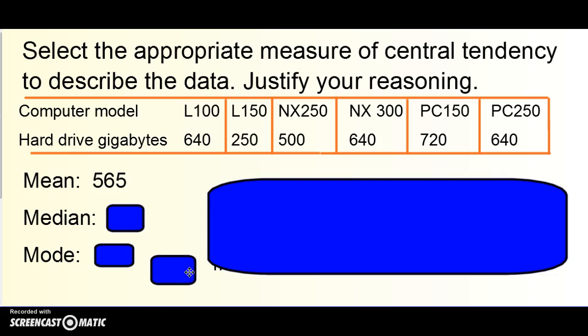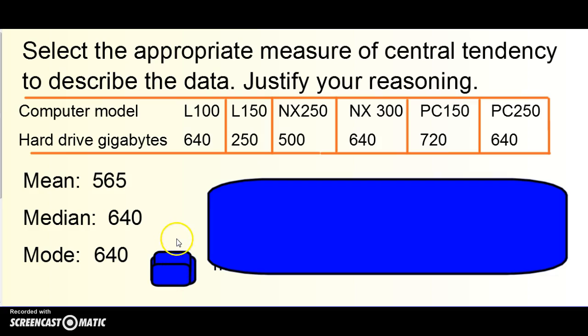The mean is 565. The median is 640 gigabytes, and the mode is 640.